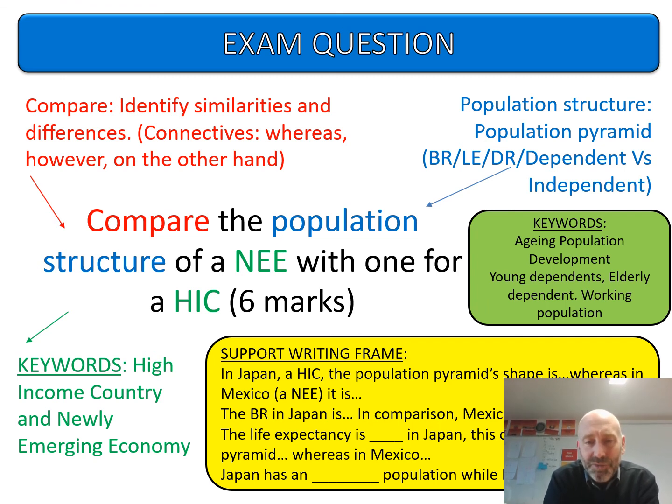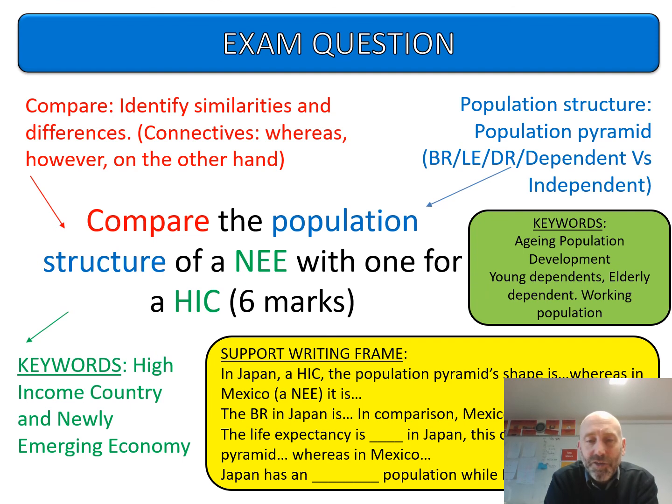You then want to pick out some data. So the birth rate in Japan is, and put down what that is for the two genders. In comparison, Mexico's is this. You're picking out specific areas to talk about. You might talk about the life expectancy, give some data from the figure, show that you are using the figure accurately.